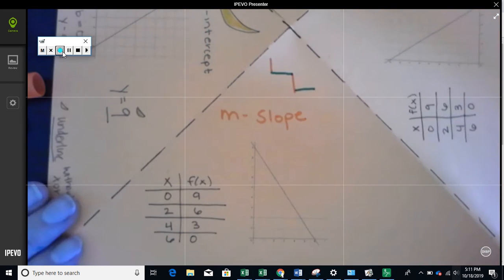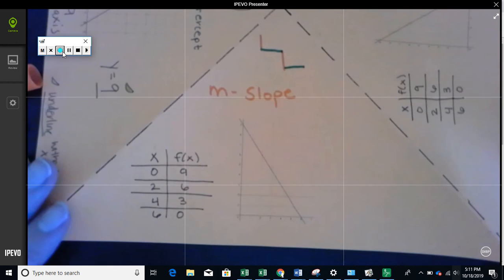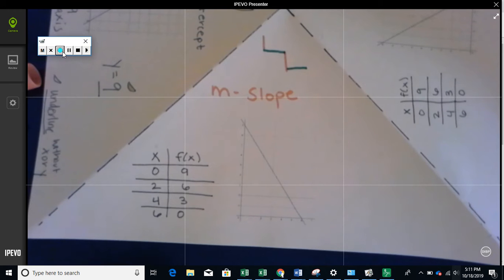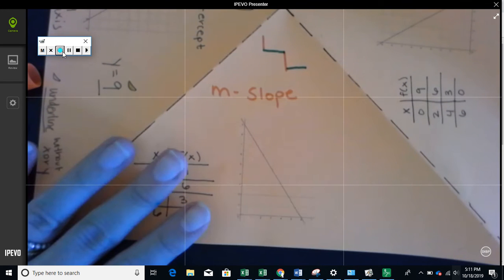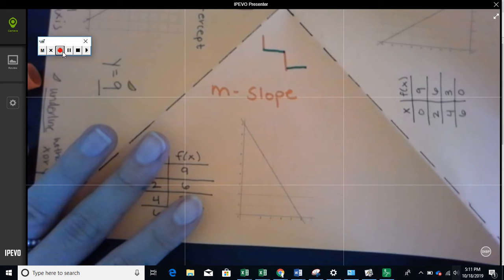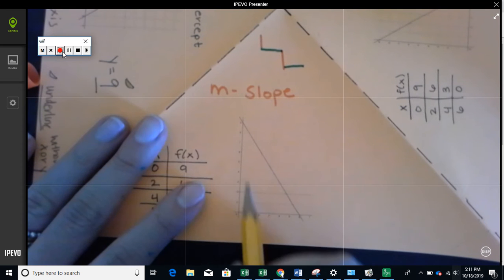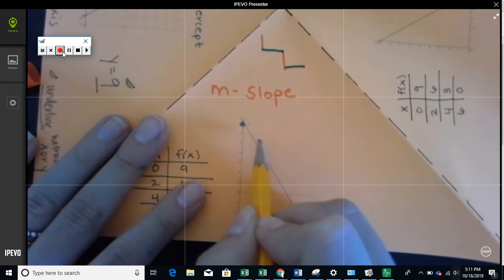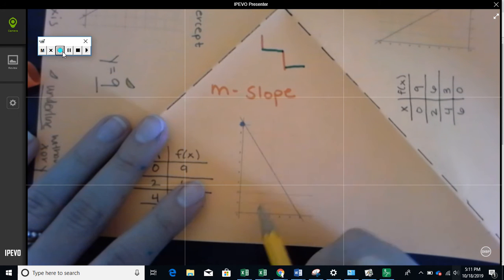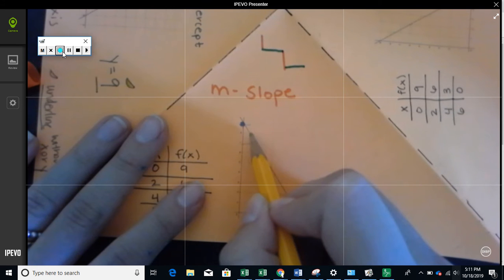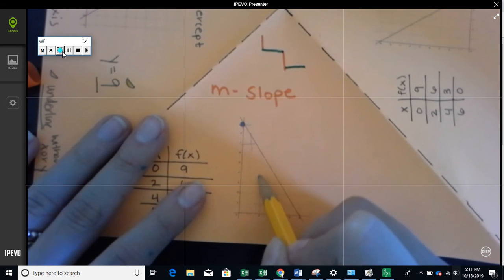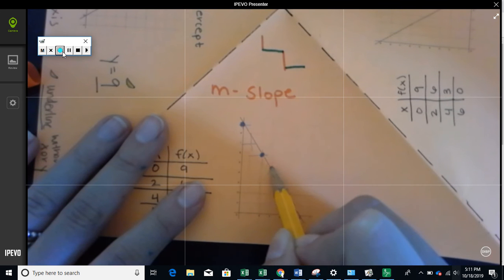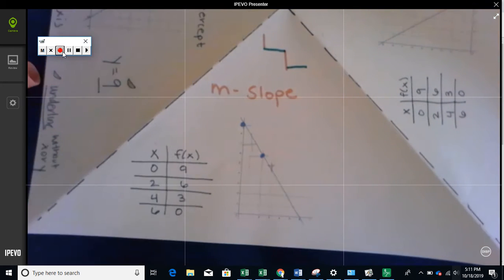Please make sure you have all of these notes. Okay? M is for your slope. M is what we use to draw the stairs for slope. So on a graph, you first have to pick the points. With this graph, it's kind of hard to see the lines, but we know that it goes perfectly through the cross here. It does not here at 1, because it crosses there. Here it goes in perfectly.